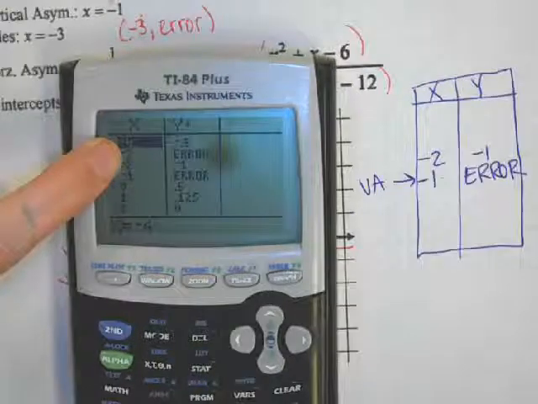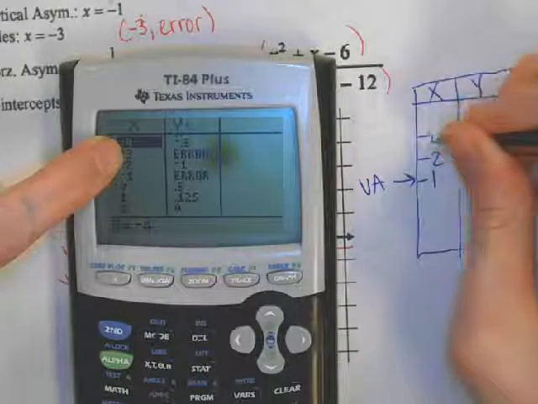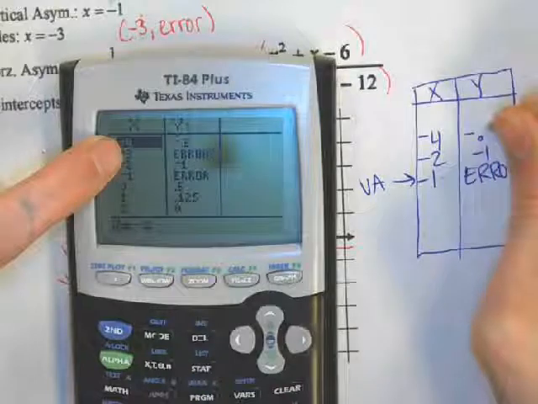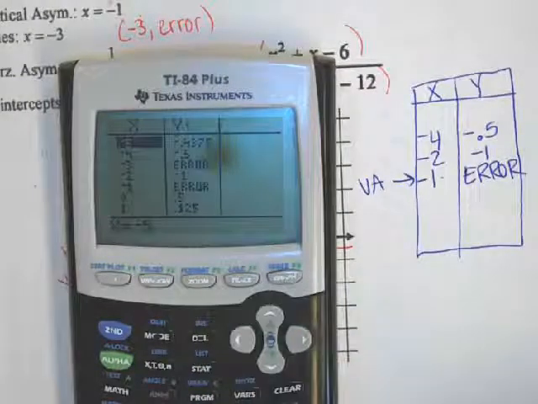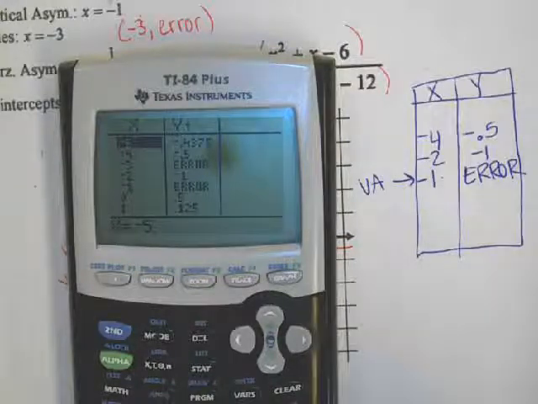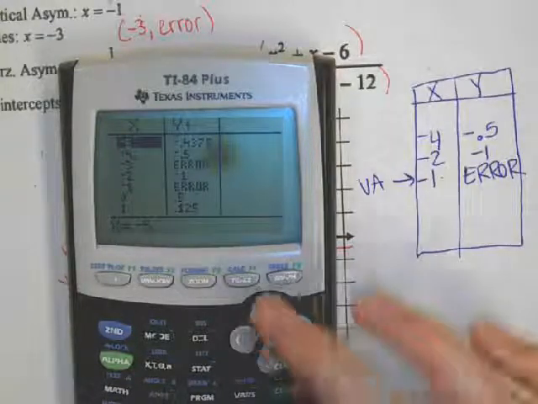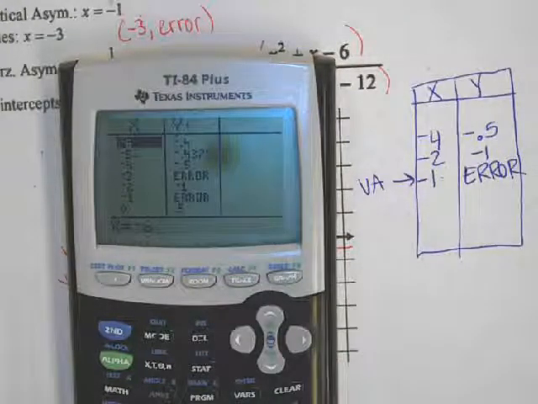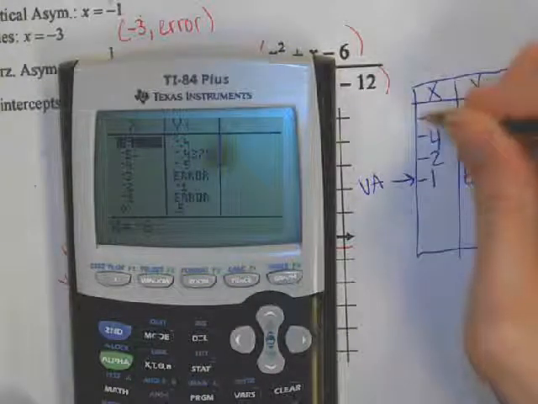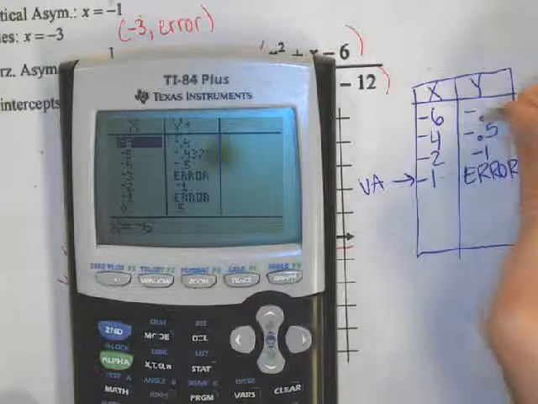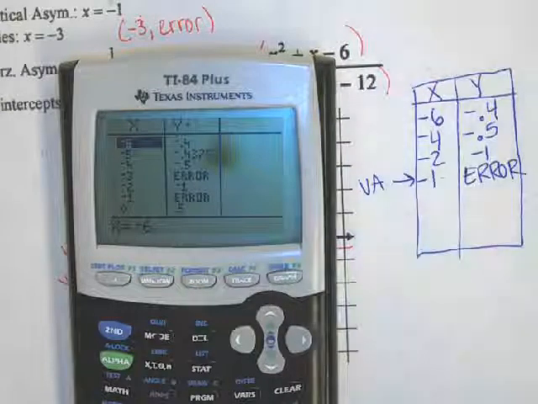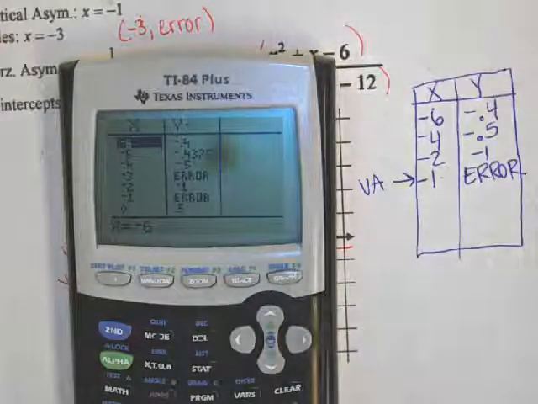Look at it closely. -4, -0.5, not -5. Okay, then the next one, does that look pretty? So you could use it and possibly round it, or you can use the next one. -6, -0.4. I'm not telling you that you have to use these coordinates. You can pick your own coordinates.